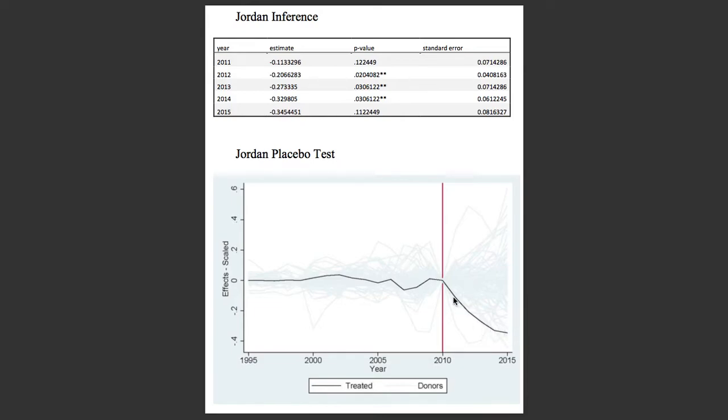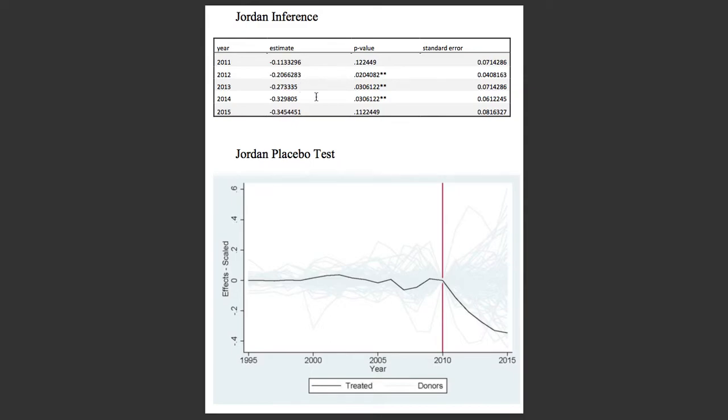You can see in 2011, about right here, the p-value is 0.12. So it's on the outer edge of the distribution, but not quite at the 95% confidence level yet. As we approach 2012, we're getting further outside the distribution, and I have a p-value of 0.02, so it's pretty significant. And the magnitude is pretty high.